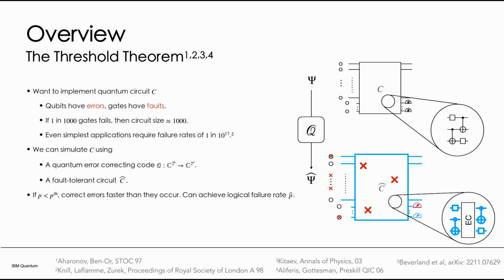Doing so, you can achieve an arbitrarily low logical failure rate p hat. Here p hat is the failure rate of your fault-tolerant circuit c hat. It represents the fraction of the time that your circuit c hat differs from the ideal output c. The magic of the statement of the threshold theorem is that this p hat can be made as low as you'd like. So it's really a remarkable statement.